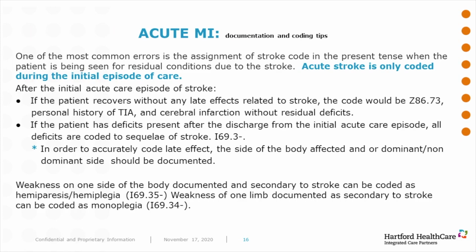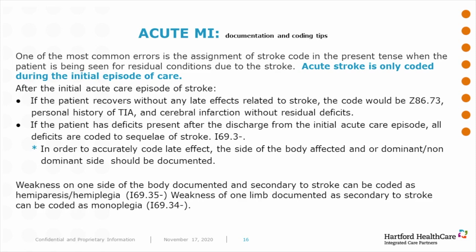Acute MI, documentation and coding tips. One of the most common errors we find with acute MI is that it is documented and coded in the present tense when the patient is being seen for residual conditions from the stroke. We know that acute stroke is only coded during the initial episode of care and within that 28-day period.